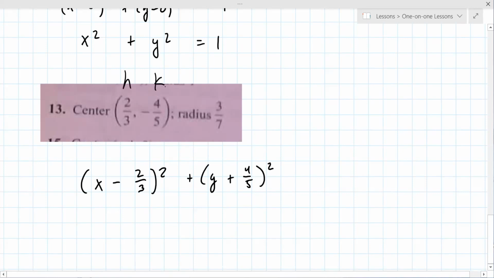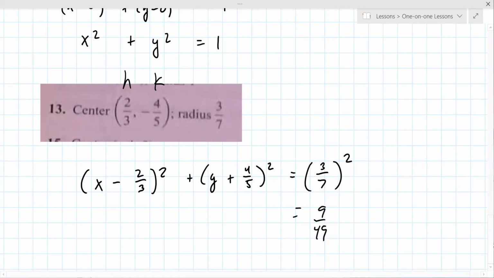Yeah, that's the form that they put it in. And on the right, it's 9/49.